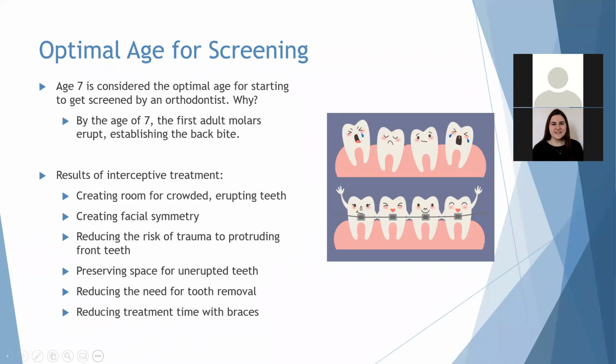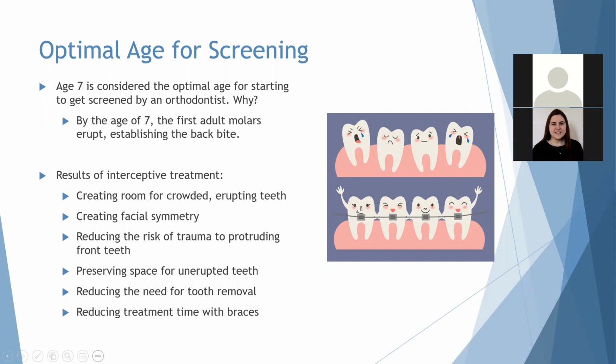And here are some of the results of getting interceptive treatment. It can help create room for crowded, erupting teeth. It can create facial symmetry through influencing jaw growth. It can reduce the risk of trauma to protruding front teeth. It can preserve space for unerupted teeth.